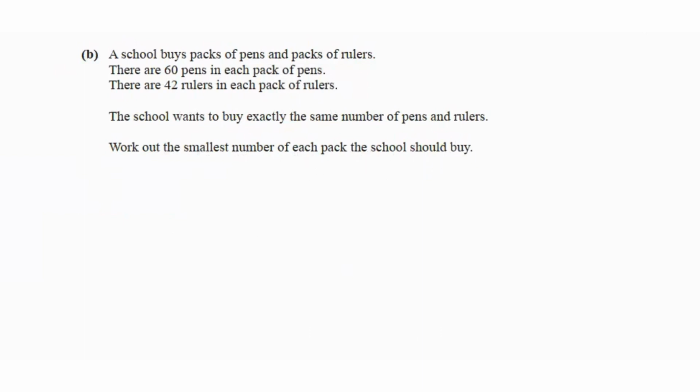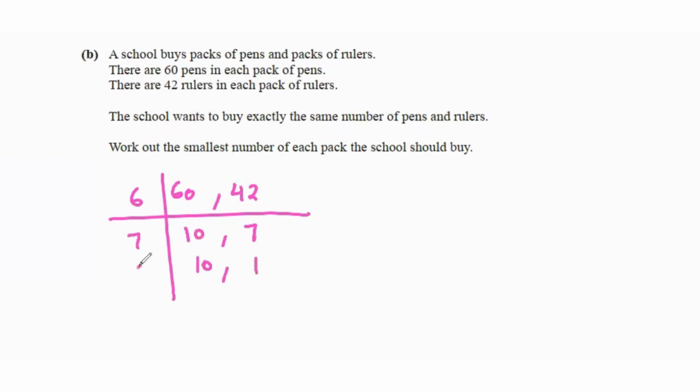So for this, we'll find the lowest common multiple of 60 and 42. We know 60 and 42 both come in the 6 times table. 6 times 10 is 60 and 6 times 7 is 42. 10 and 7 don't come in the same times table. 10 comes in the 5 times table.